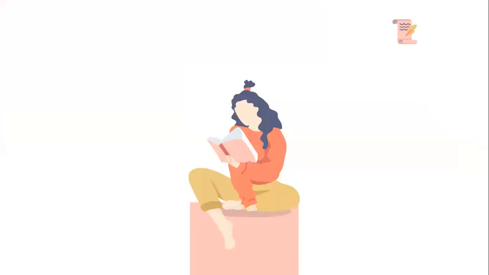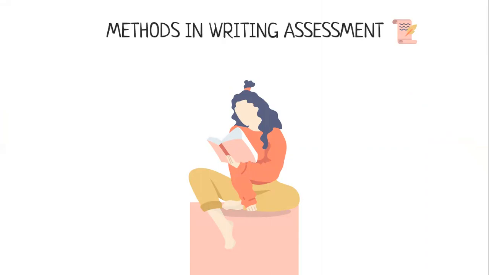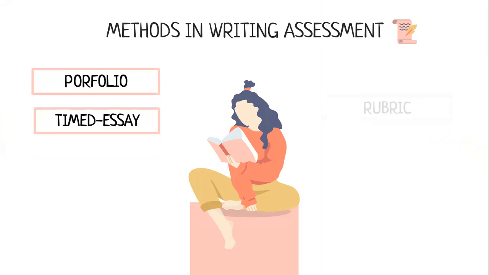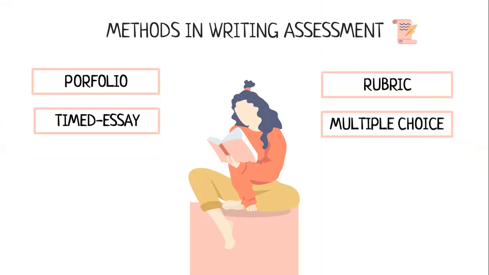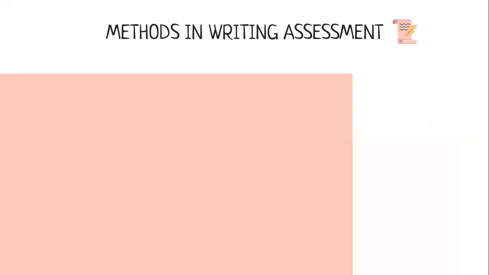Alright, as the last part, I mention some methods in writing assessment. Over here are some popular methods in writing assessment. They are portfolio, timed essay, rubric, multiple choice, and AES.